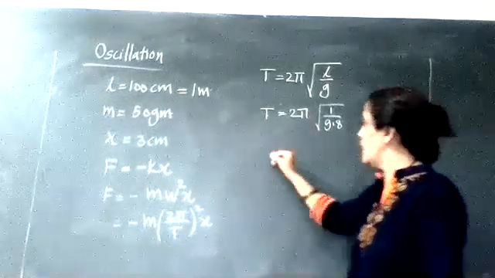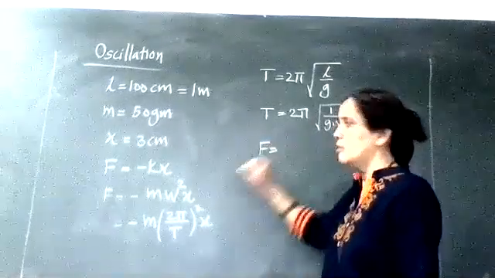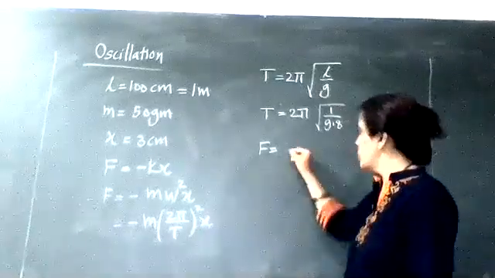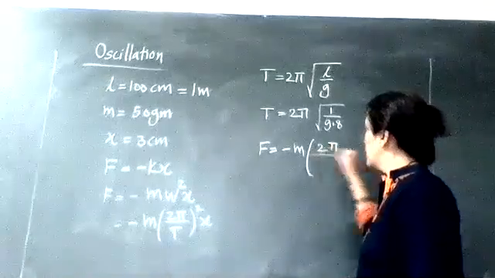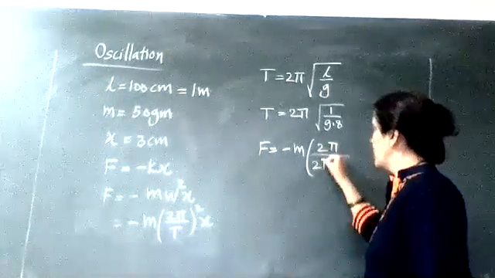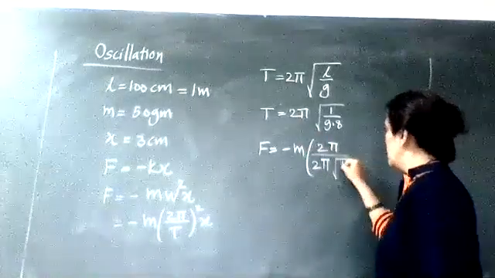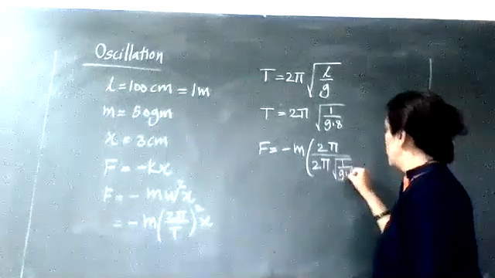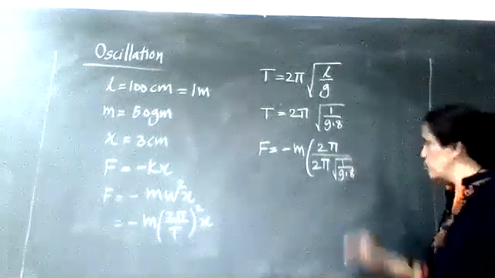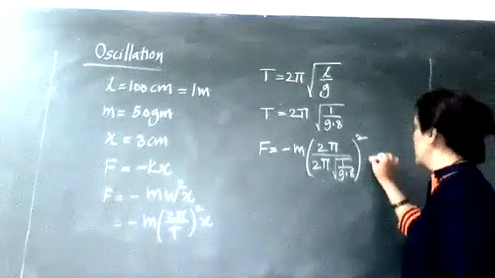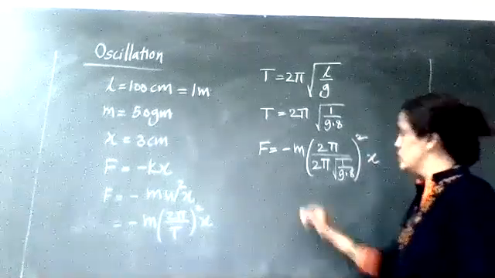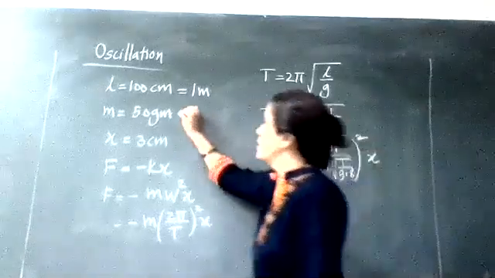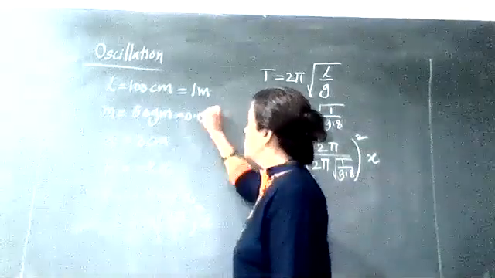Clear? And now that value of T I can substitute in the force formula. So your force formula is minus m into bracket 2 pi upon T, and instead of T, I will write the value of T as 2 pi under root of 1 divided by 9.8, square of that, into x. And now I can put all the values. Mass, which is in gram, we have to convert into kg.